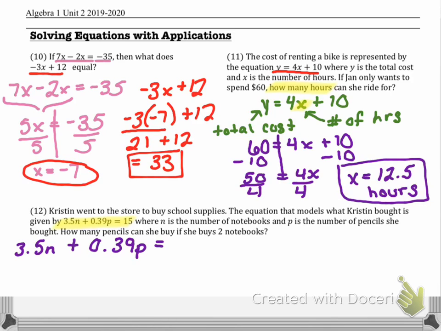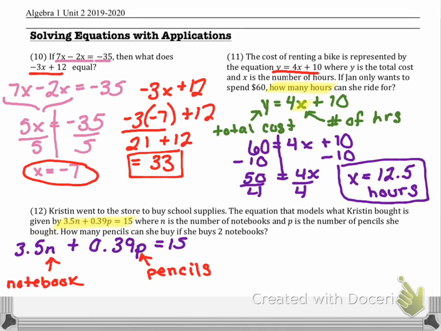The n stands for the number of notebooks, and p is going to be pencils. Kind of self-explanatory, I suppose.